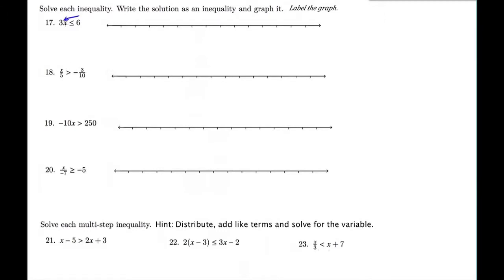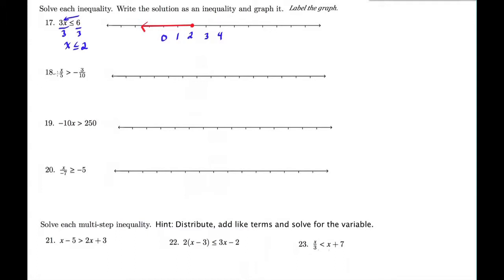It's multiplying. So how do I undo multiply? I divide. So I'm going to divide both sides by 3, and I get x is less than or equal to 2. It's going to be a closed circle, and all values less than 2. This is to the left.